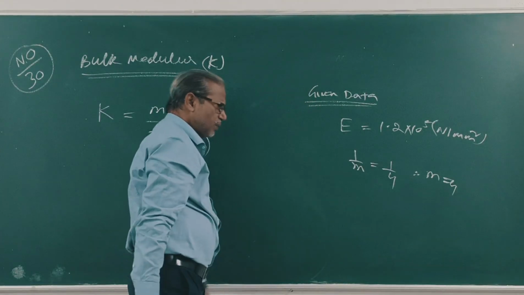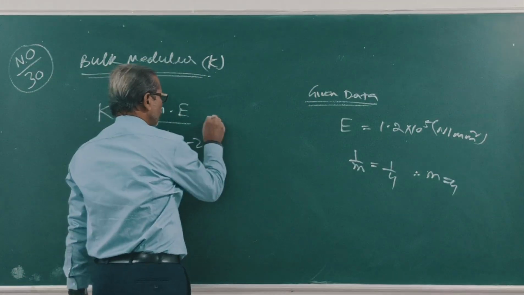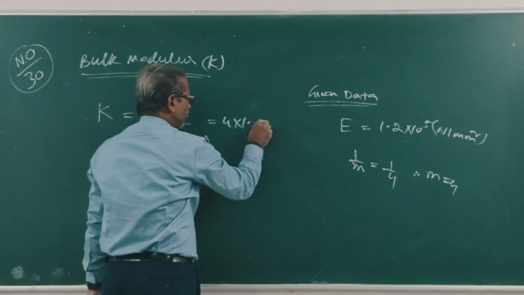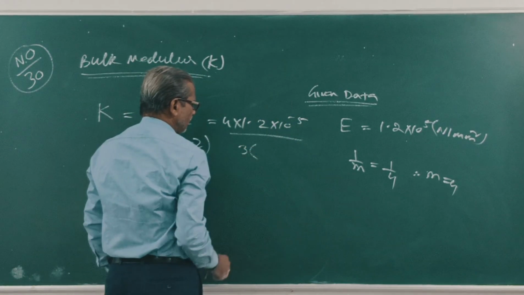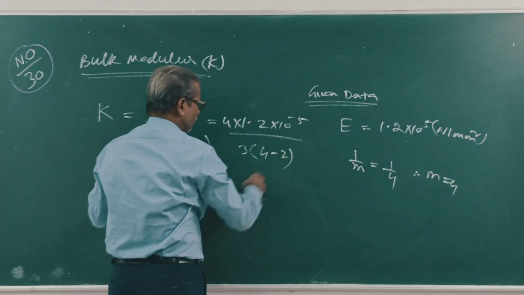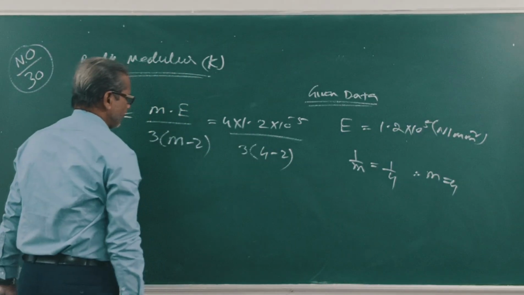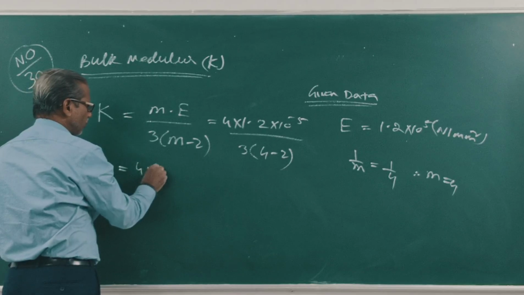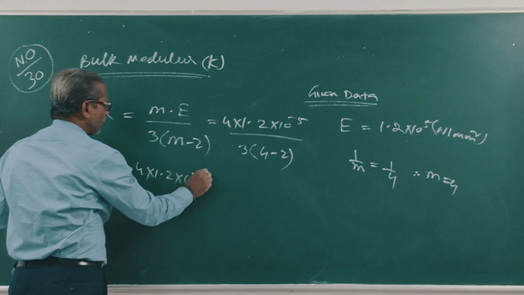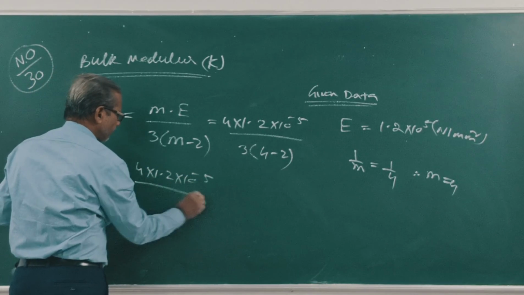So mE by 3 into m minus 2 means 4 into 1.2 into 10 to the 5 by 3 into 4 minus 2. Clear? So K is equal to 4 into 1.2 into 10 to the 5 by 3 into 2.